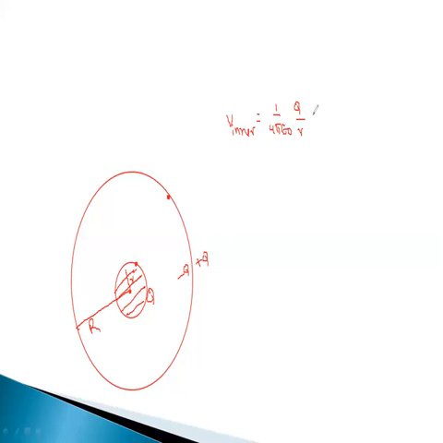Okay. And due to this particular charge, here the potential will be 0 only. Why? Because the total charge is 0 here. And what is at the outer surface? At the outer surface, the total charge is 0 here.